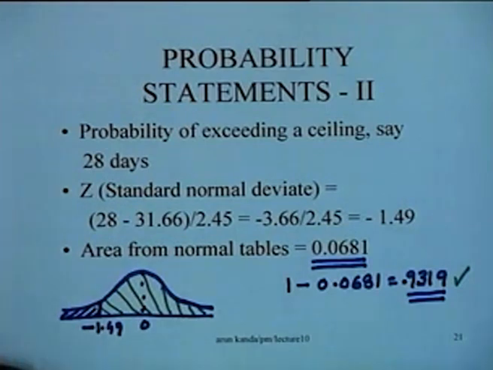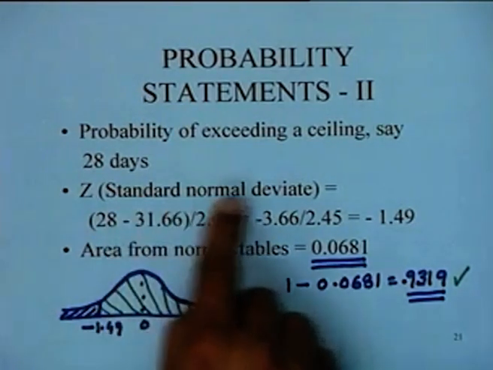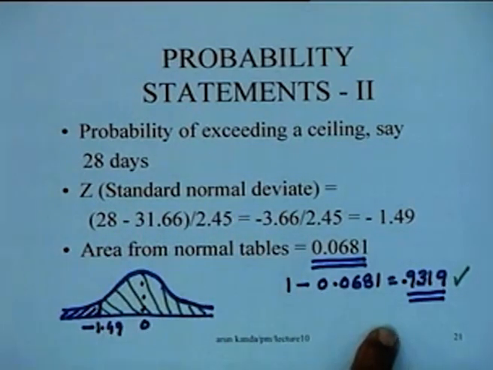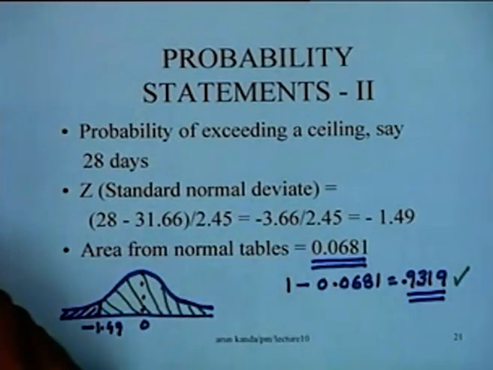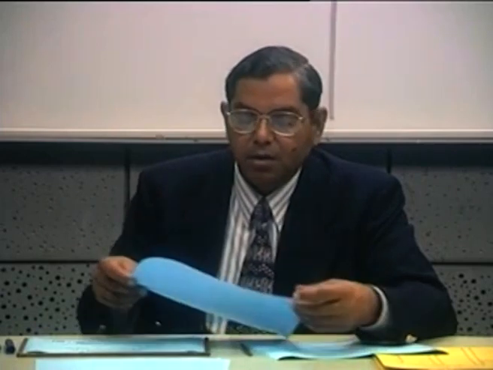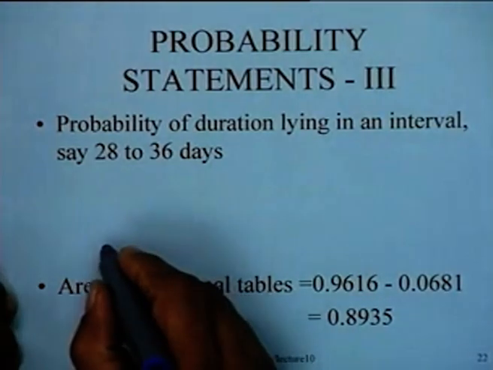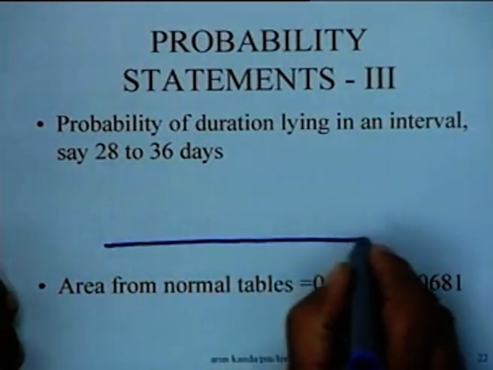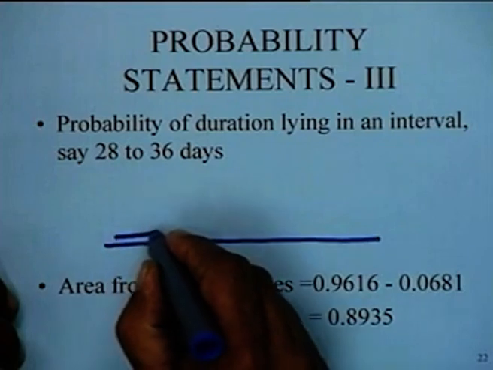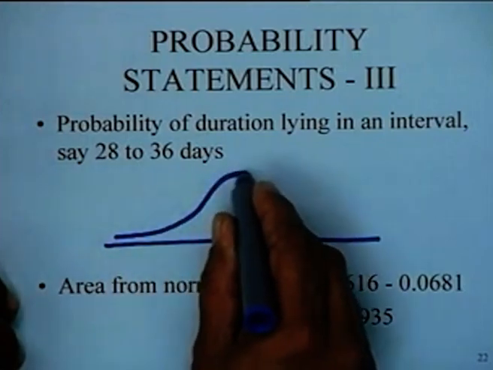So this is the kind of computation that you can perform to find out the probability of exceeding a ceiling, rather than talking about this particular value. Now, on the same lines, suppose our objective was to find out the probability that the project would be completed within a certain interval of time.